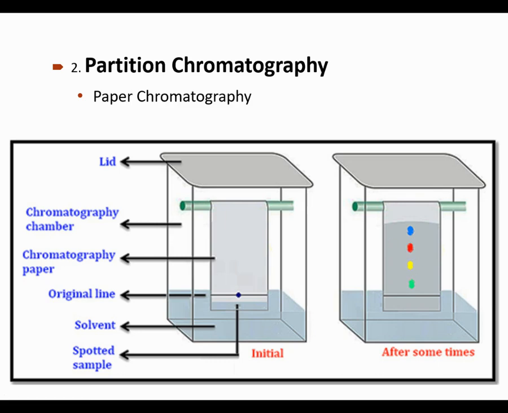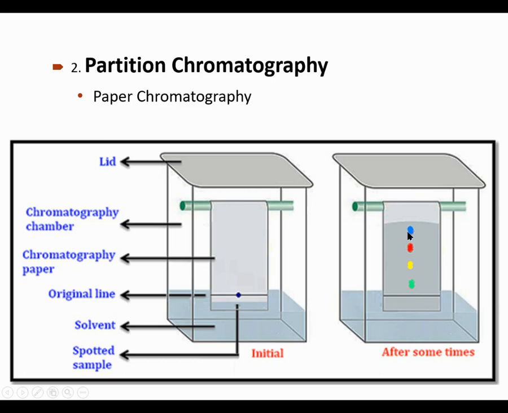Now, it's almost similar to the TLC or thin layer chromatography. You're just going to be measuring the distance of the solvent line from the baseline for the denominator of the RF.